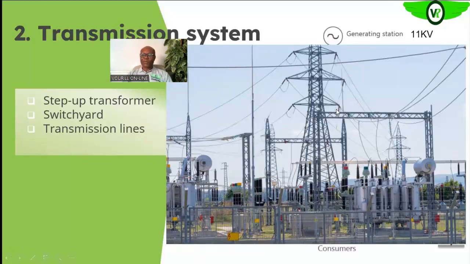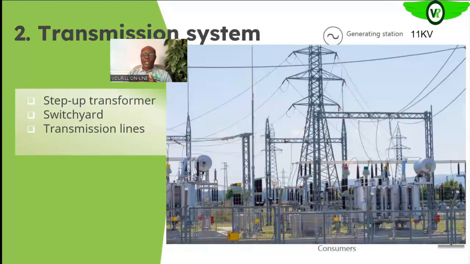So these are what we'll see basically in the transmission system. In the transmission system, as we have it earlier, we'll see first the transmission transformer, which is a step-up transformer that will take it from the 11 kV generated at the generation station to 330 kV.